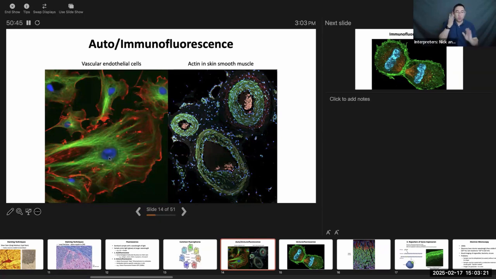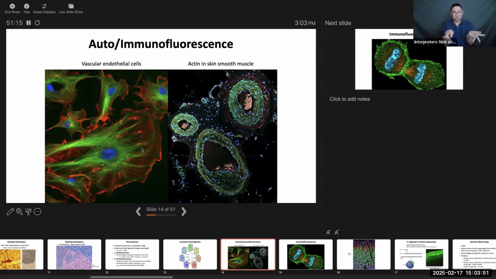All of these kind of greenish strands, those are strands of actin. Actin is one of the proteins in the contractile unit of the muscle cell, but actin is also really important in all cells because it's one of the main components of the cytoskeleton. These are structural fibers that help to give the cell its distinctive shape.